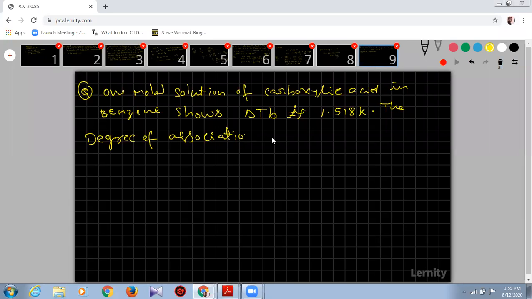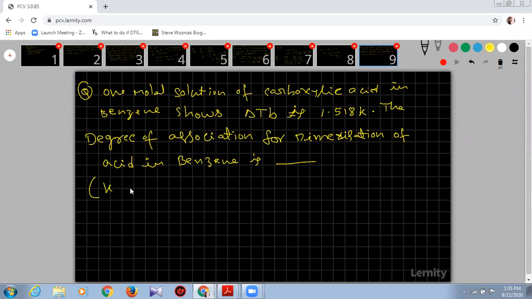The degree of association for dimerization of acid in benzene is?